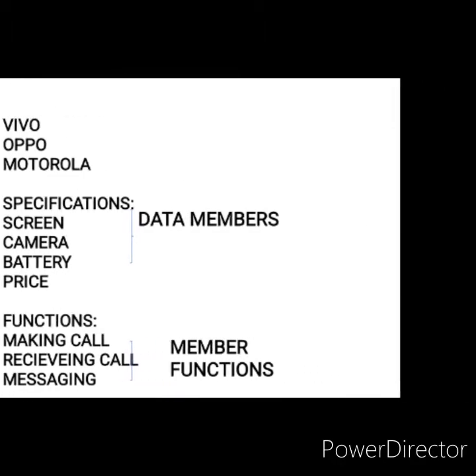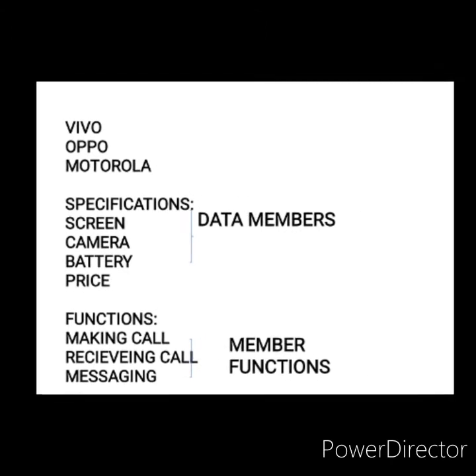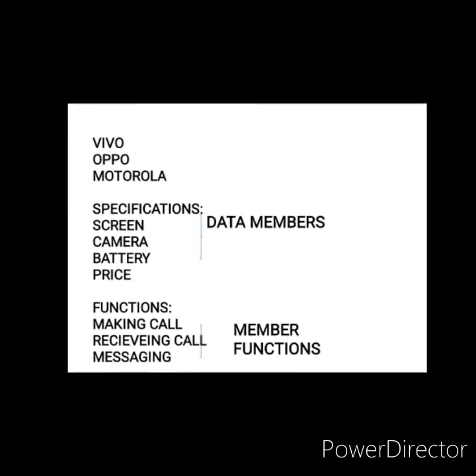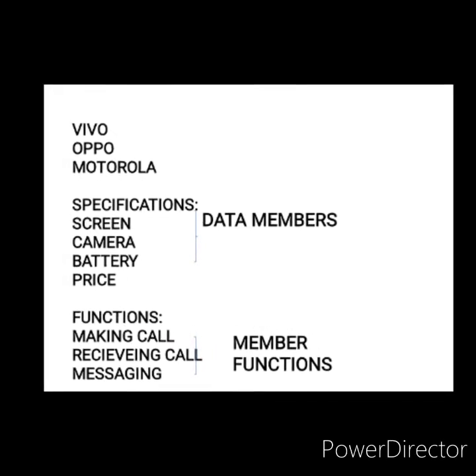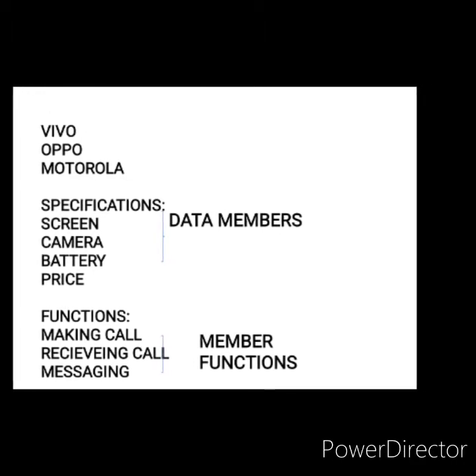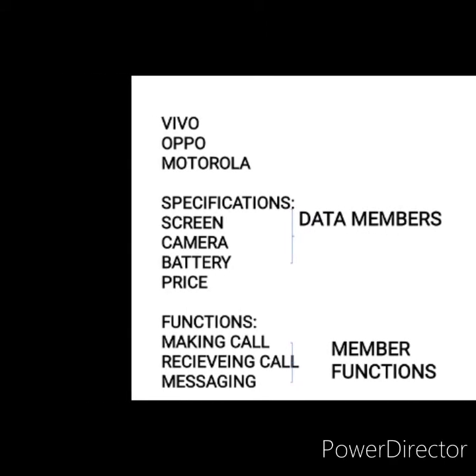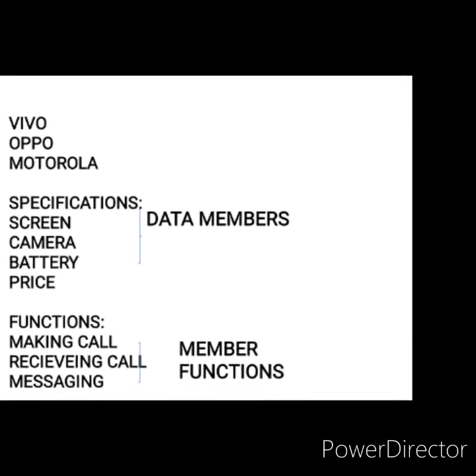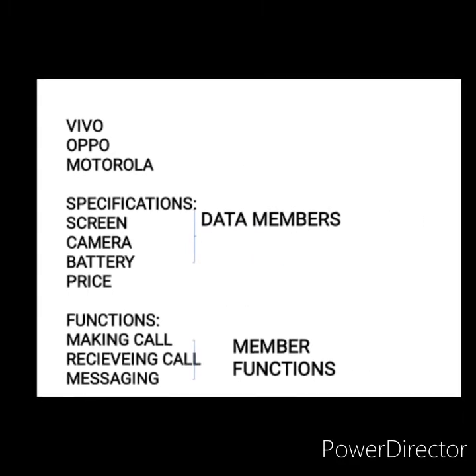So these are all the functions associated with the mobile phone. An object consists of both data members and member functions. Data members are the properties of the object. The functions we can perform with the object are the member functions. So this is regarding the concept of the object.